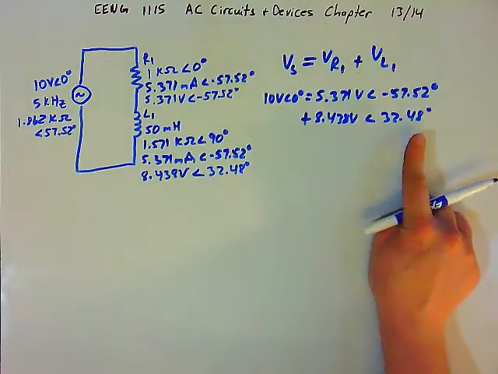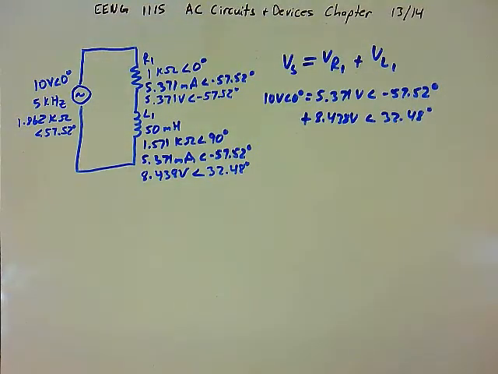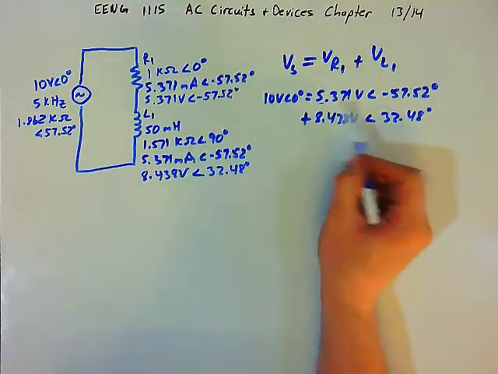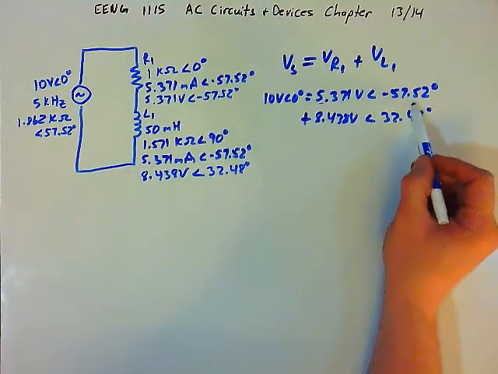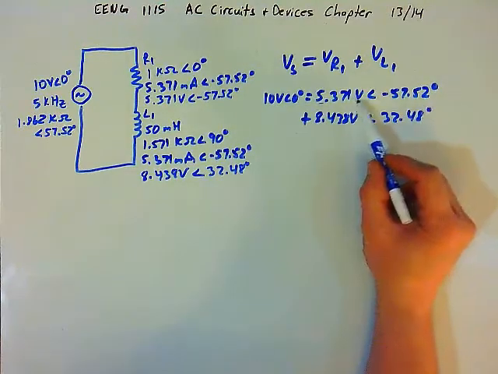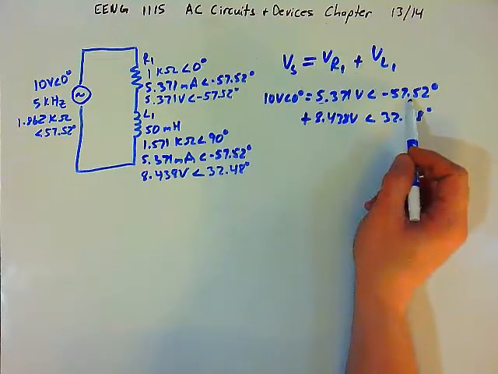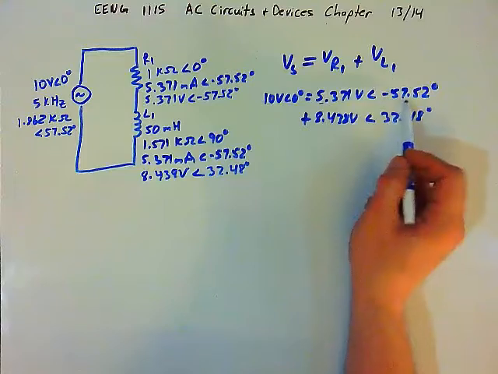And so we want to add these vectors. They're in polar form. We need them to be in rectangular form for us to add them. And so the resistor's voltage drop is 5.371 volts at negative 57.52 degrees. To change this to xy components, we take the magnitude times the cosine of the angle, gives us the x component. Magnitude times sine of the angle gives us the y component.